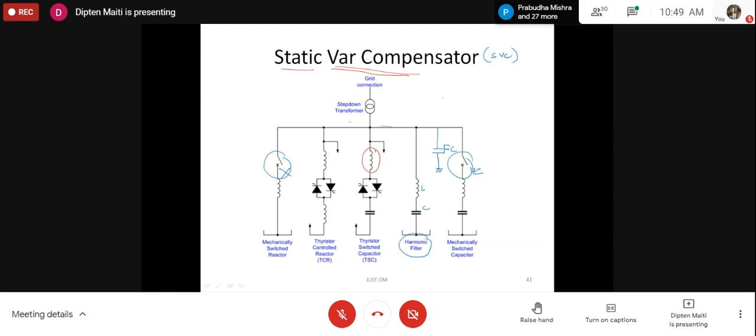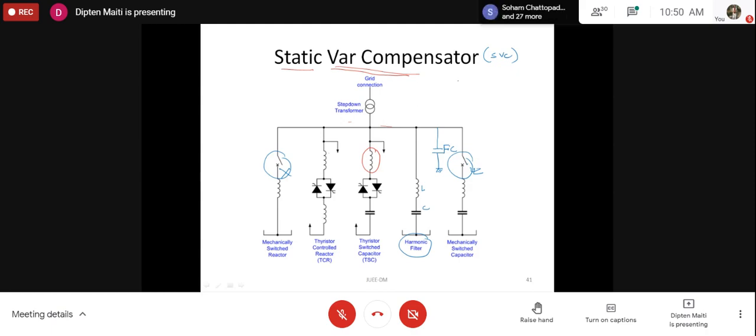So you can show only one inductor there. Here there would be back-to-back SCRs and the inductor shown at the bottom, connected across the voltage source. So the TSC and TCR come in parallel.